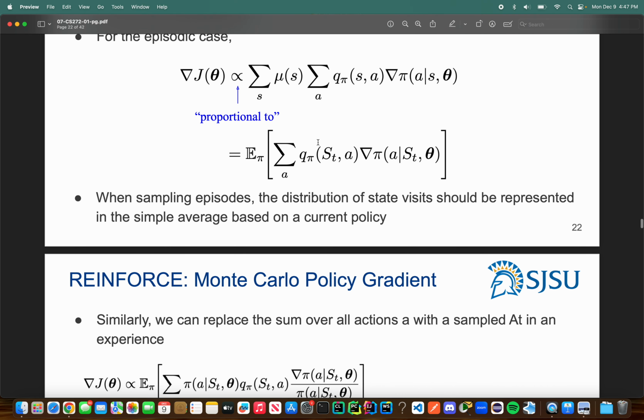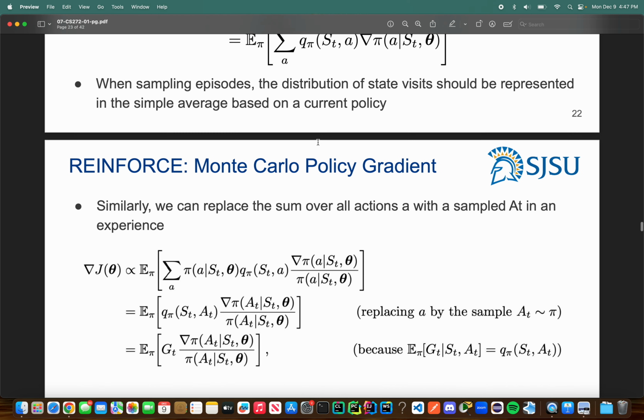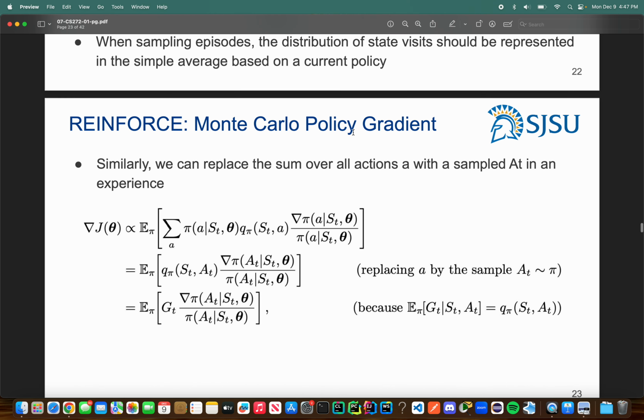This can be leveraged to implement our reinforcement learning algorithm. The first example of that is the Monte Carlo policy gradient approach, REINFORCE. Pretty ironic how it's called reinforce.